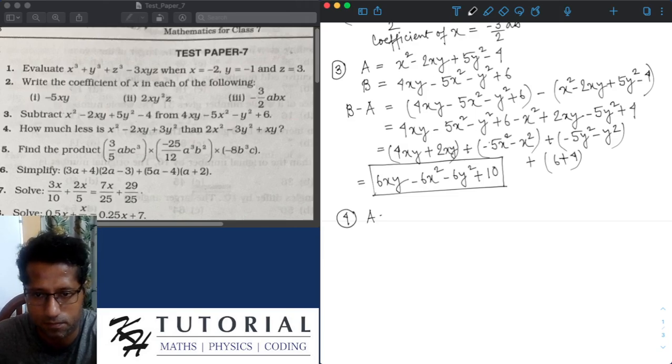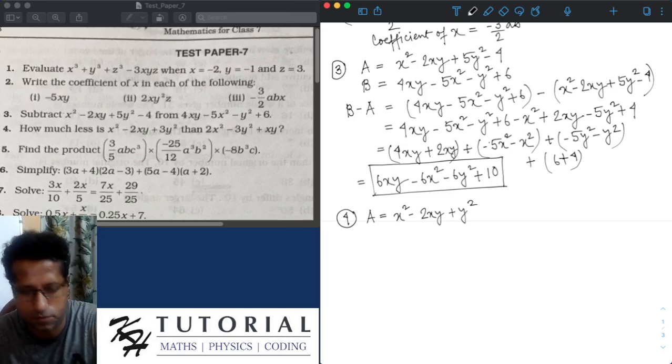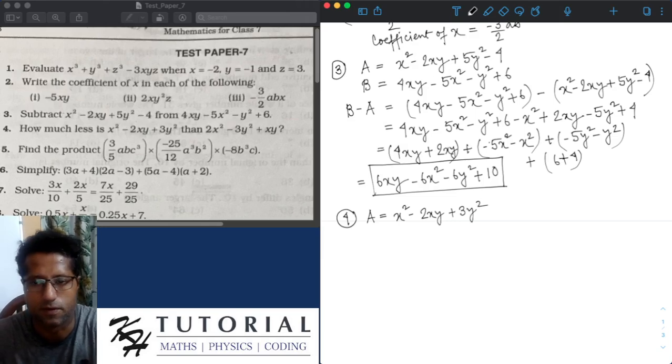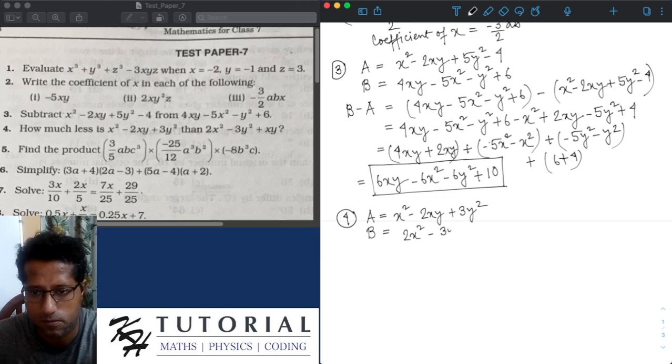So let the first given algebraic expression be A, that is x square minus 2xy plus 3y square, and the second algebraic expression given is B, 2x square minus 3y square plus xy.